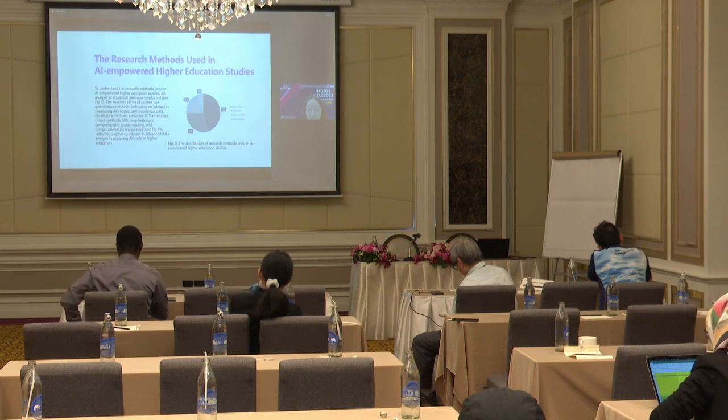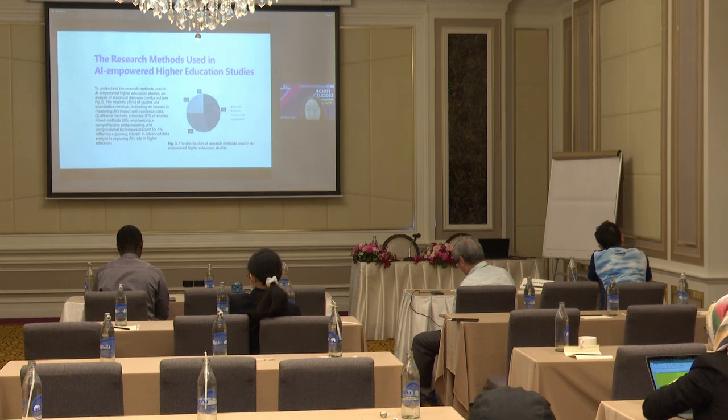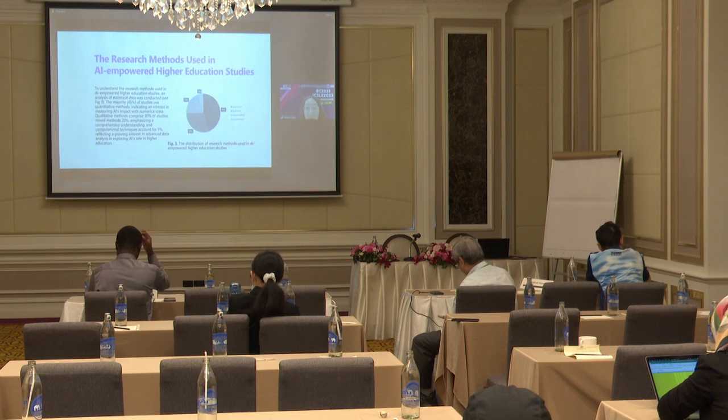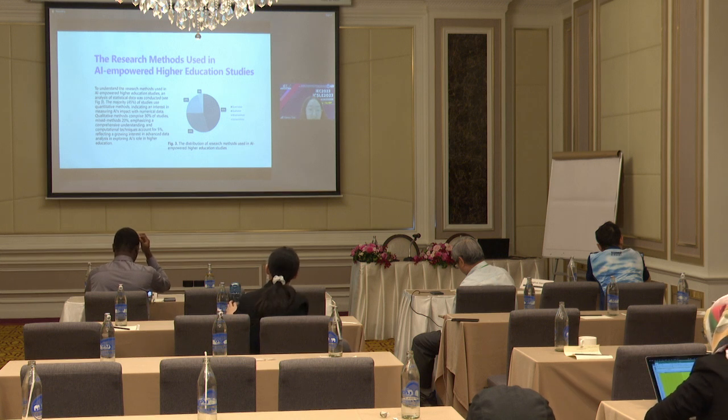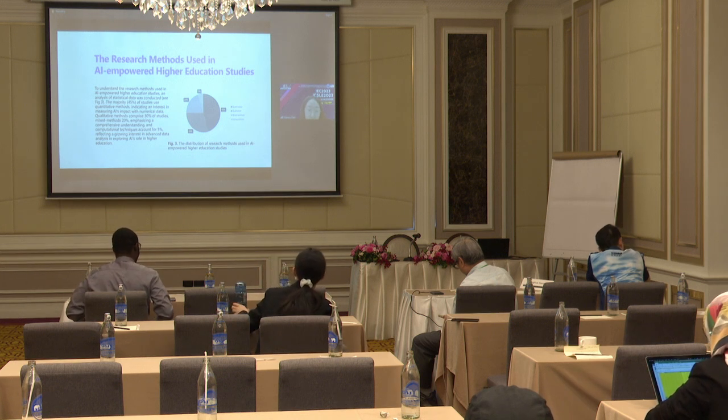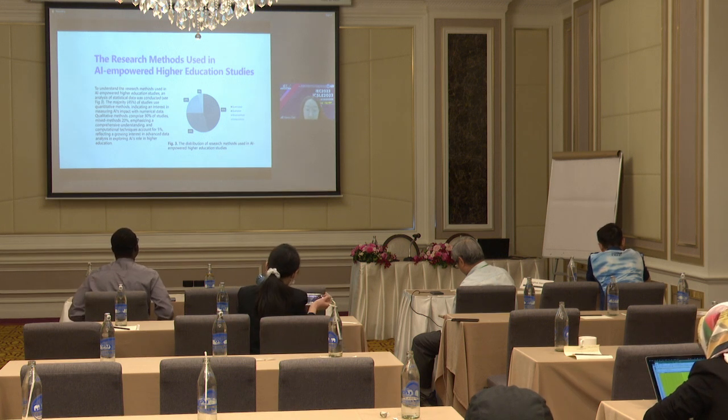Qualitative methods comprise 30% of the studies. Mixed methods account for 20%, emphasizing a comprehensive understanding, and computational technology accounts for 5%, reflecting a growing interest in advanced data analysis in employing AI's roles in higher education.